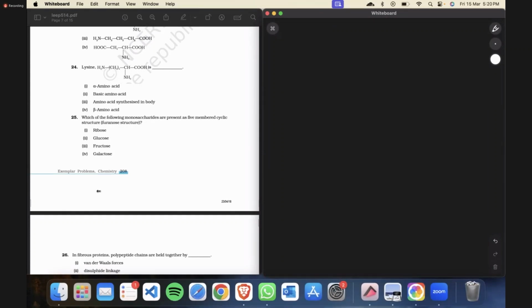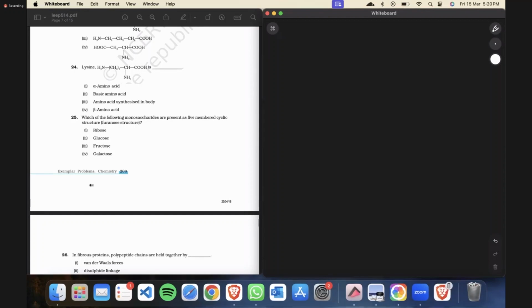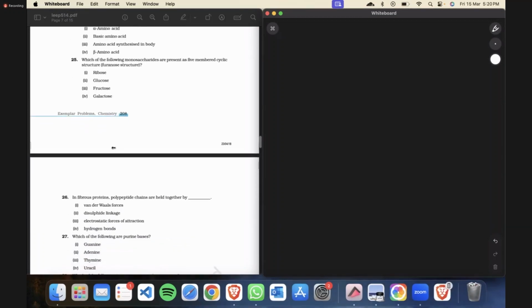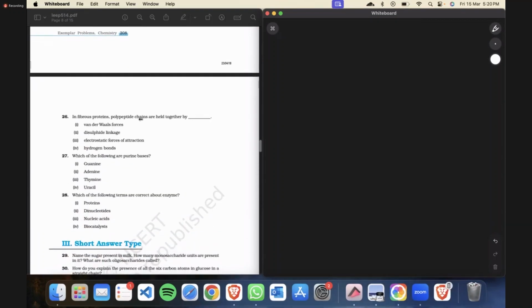Next up we have question number 26. In fibrous proteins, polypeptide chains are held together by what?